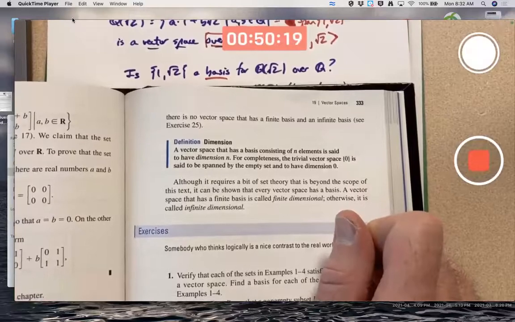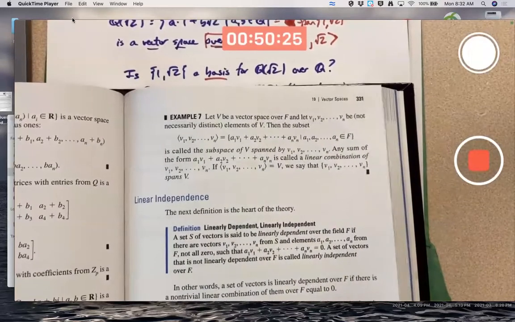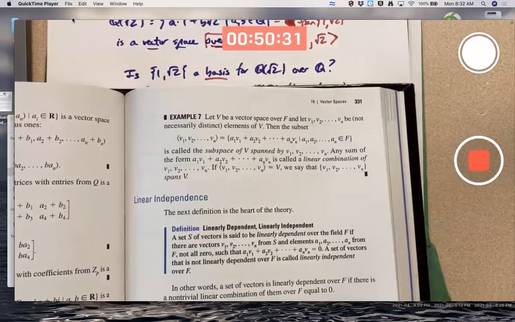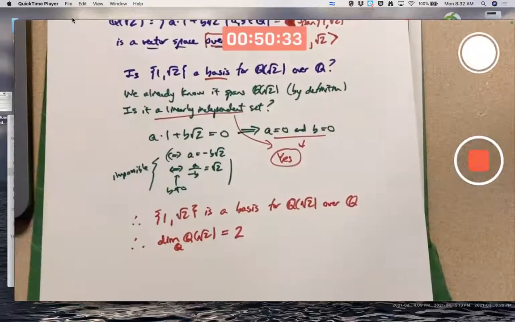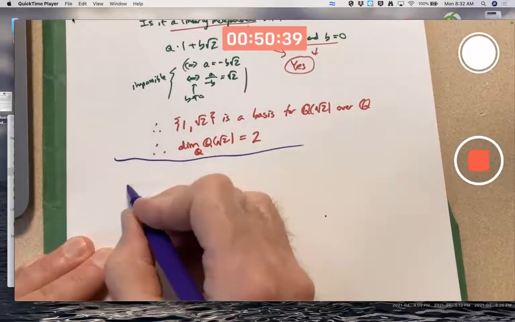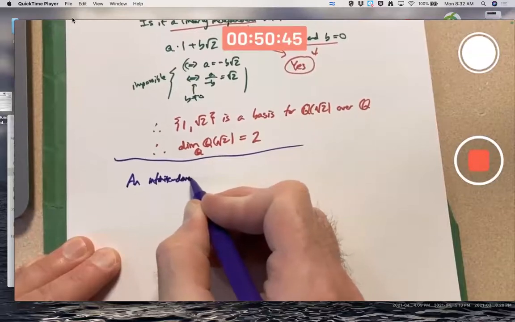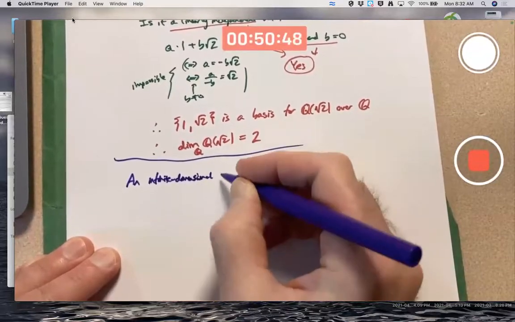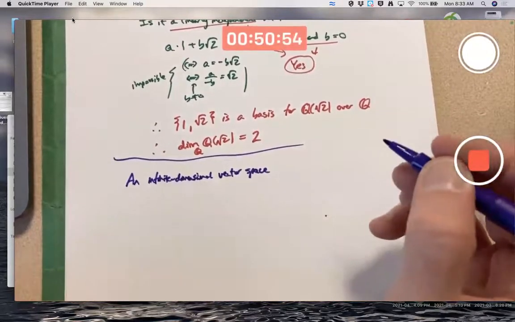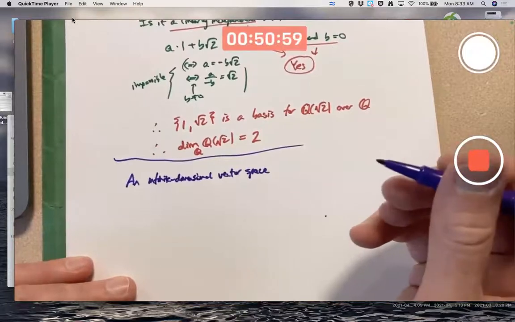There are infinite dimensional vector spaces. That was mentioned here, but here's an infinite dimensional vector space. There's lots of examples I could pick here.